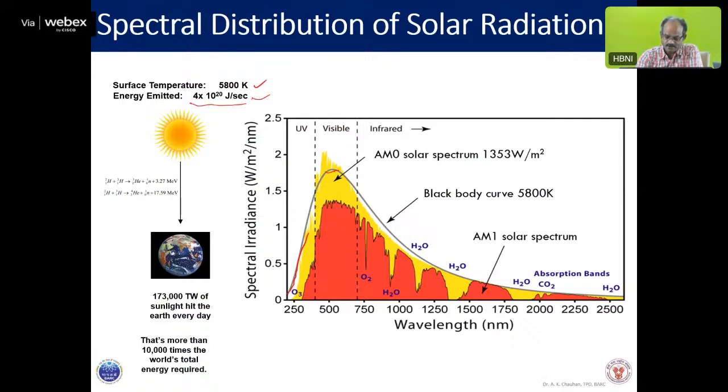What we receive at Earth is actually this, which is the red part. If we measure the spectrum just outside the atmosphere of Earth, the total energy is approximately 1,353 watt per meter square.